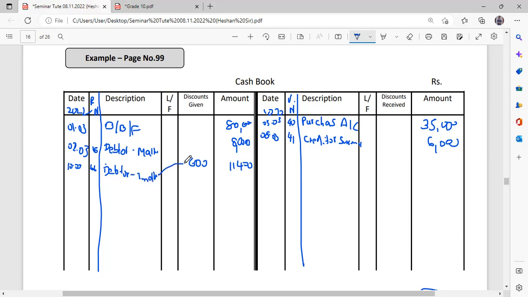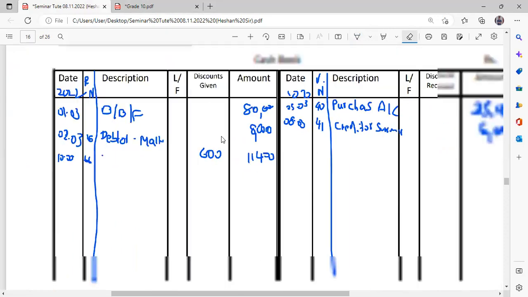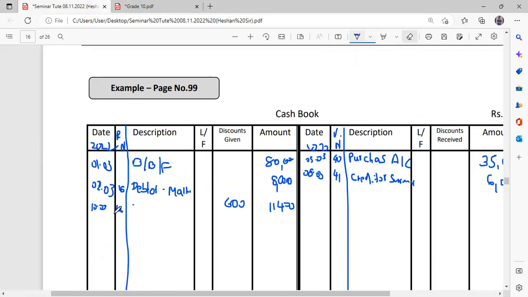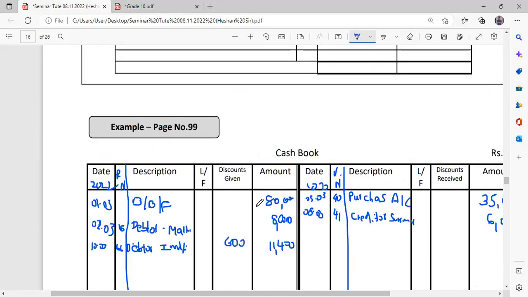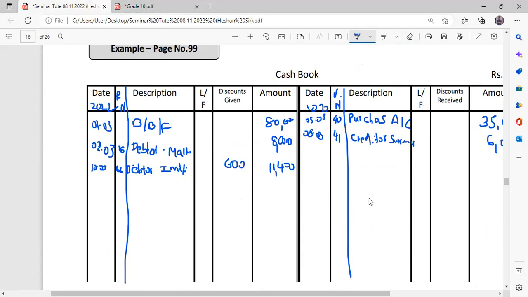Received from debtor Imalka. I told you we record only this amount column now, and we record the discounts given later.